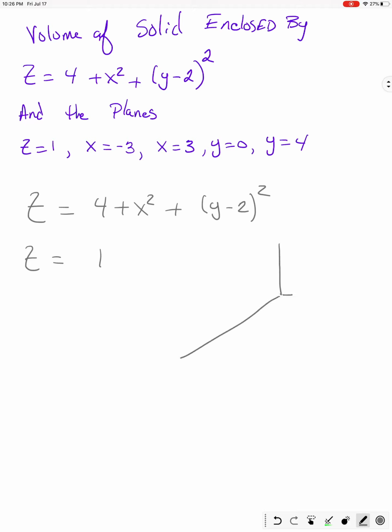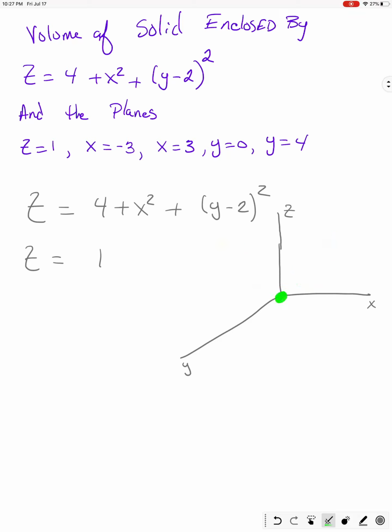So I'm not very good at drawing three-dimensional things, but I'm going to do some sort of sketching. So this is my x, and this is my y, and this is my z. I notice that the coefficients here are both positive, so I'm pretty confident that the parabola is going to open up in the z direction.